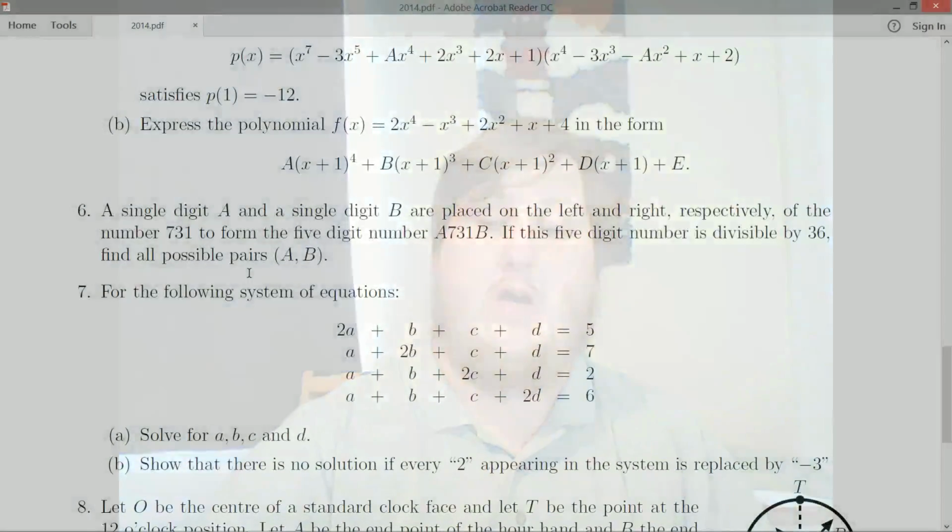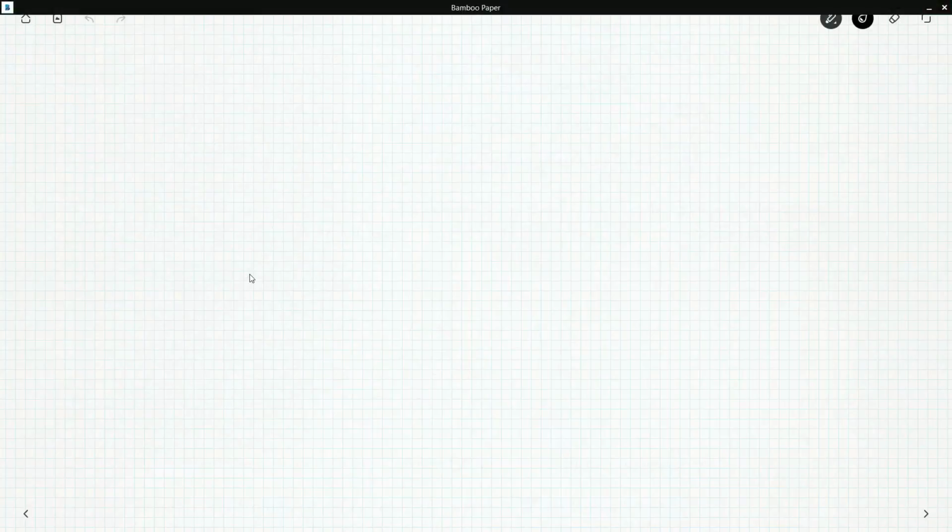In general, if you have a composite number, and you break it down into its prime factors, then if it's divisible by each of those powers of primes, it's divisible by that number. So in particular, for 36, I don't know a general rule just by looking at the digits, but I do know 36 is 4 times 9, and I do know rules for those.